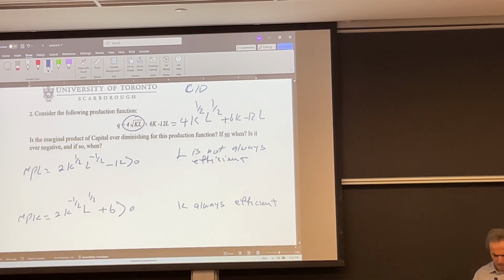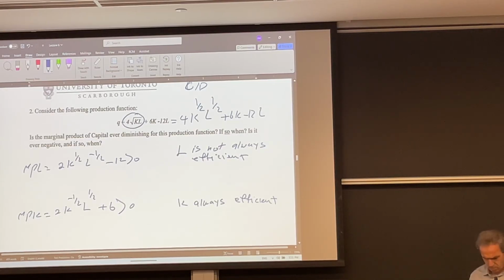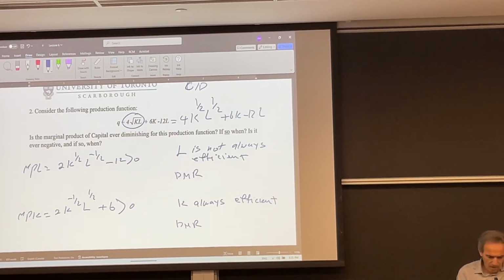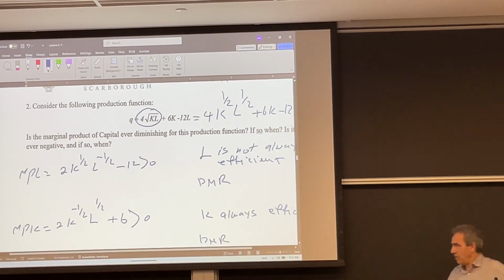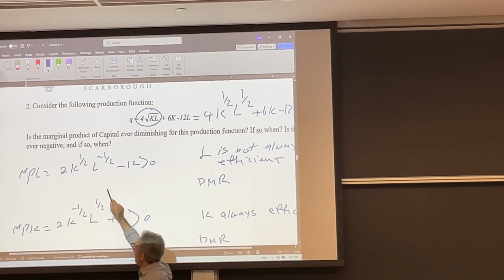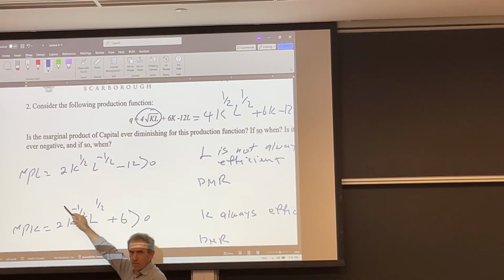What about DMR? Does DMR hold with regard to these two inputs? Yes or no? DMR is how MPL moves. If you wish, you can take second derivatives, but you don't have to. See, if you increase L, what happens to MPL?